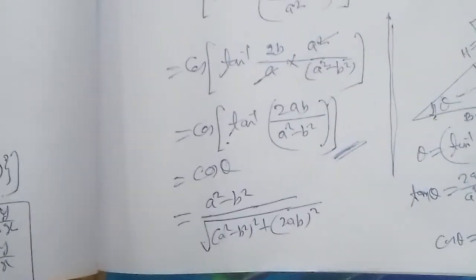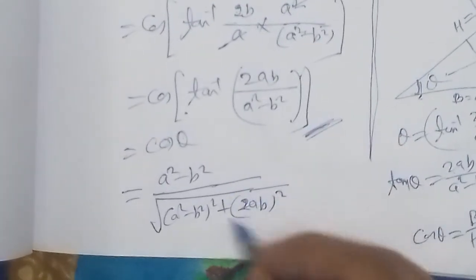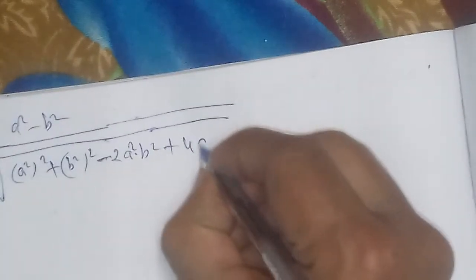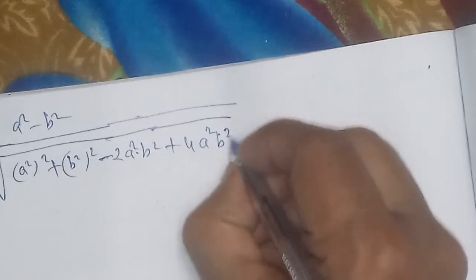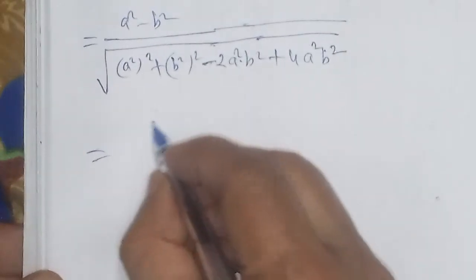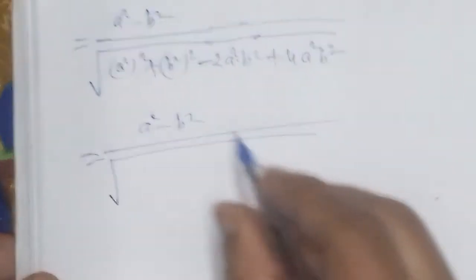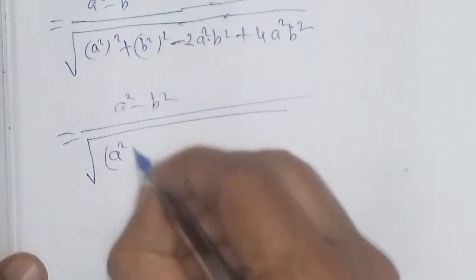Now I write the value of this by squaring. We get 2 square is equal to 4, and a square equal to a square, and b square equal to b square. This value is equal to the left hand side. So after solving, we get the right hand side. By this we can prove.